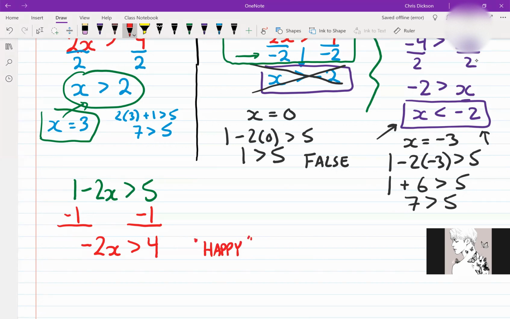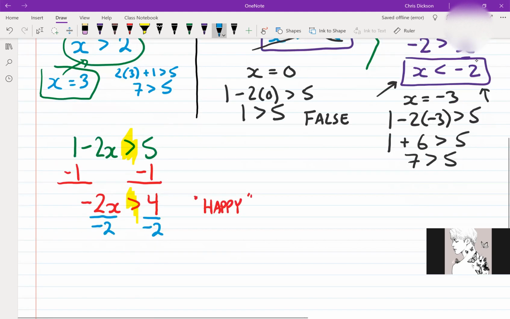It's the next step where you have to write a rule down here. And that is if you're dealing with inequalities, that means these symbols, anytime you multiply or divide an inequality statement by a negative number, you have to flip the sign. So our next step here, we said divide by -2. So if I divide by -2, I get 1x. And then on this side, I would get -2.